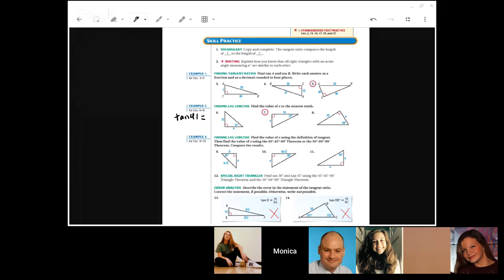And what's tangent equal? Tangent equals opposite over adjacent.